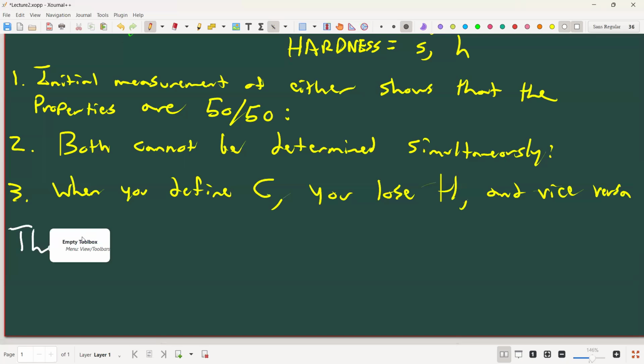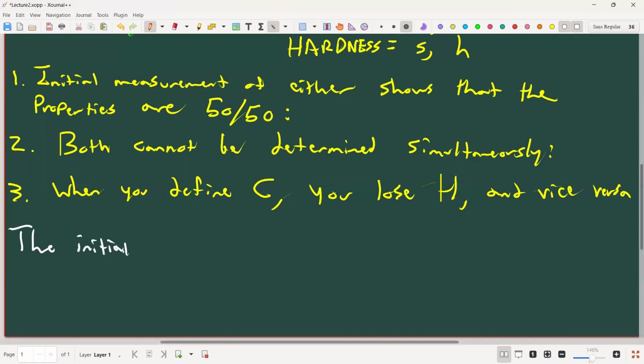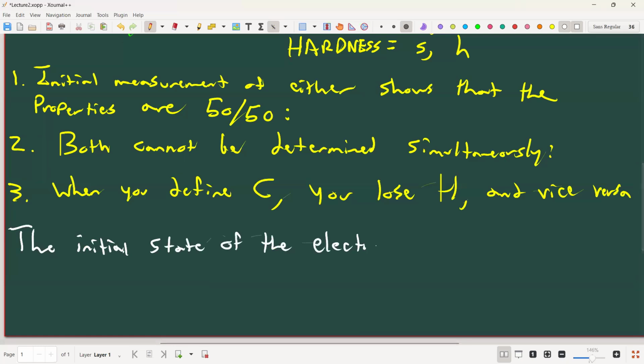And the only thing that agrees with the experiment is this. Right?